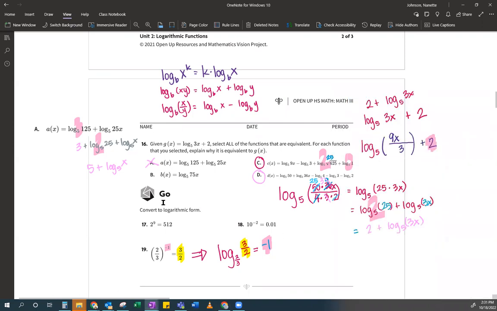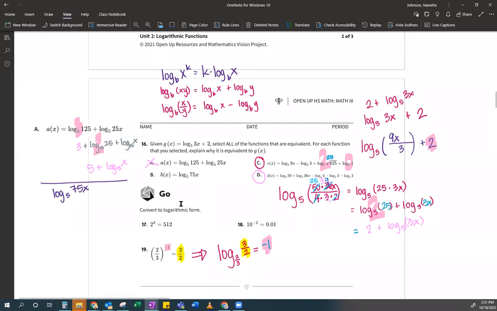Now for this one over here, this log base 5 of 75x, I'm going to use this rule on it to see if I can get it to be the same. So here is log base 5 of 75x. If you know your 5s, I'm not talking about the multiples, 5, 10, 15, 20, 25.